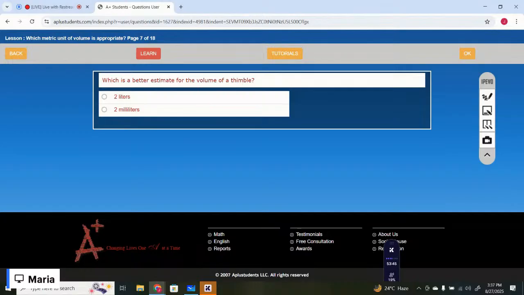Which is a better estimate for the volume of a thimble? It would be 2 ml. Option number 2 is the correct option.